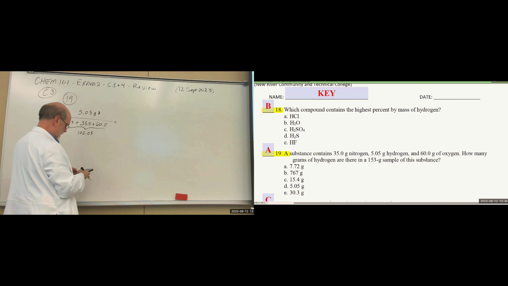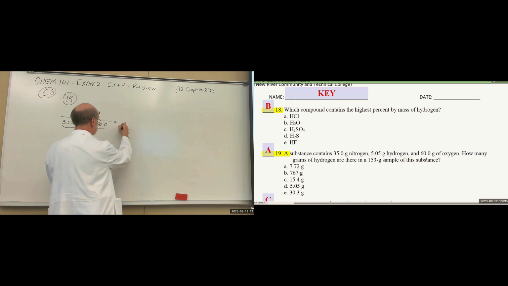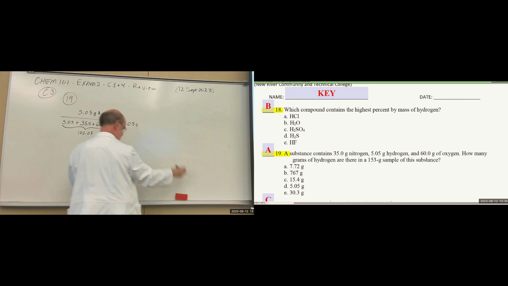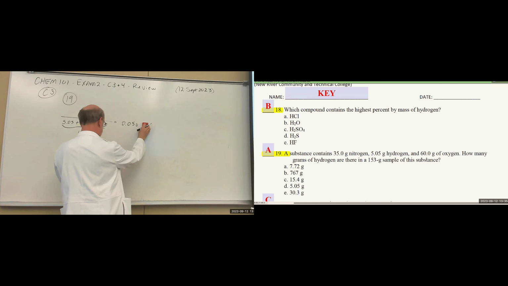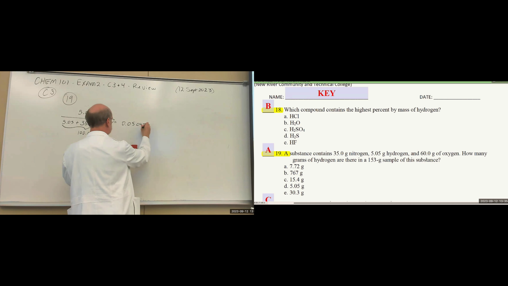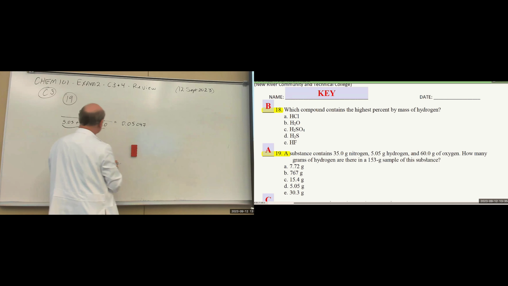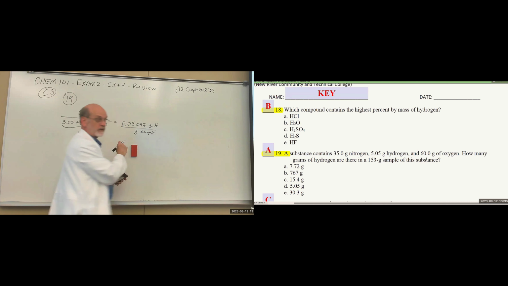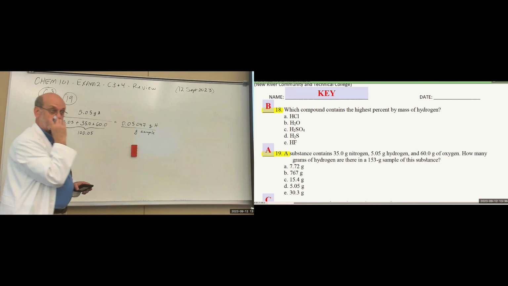Divide that into 5.05. That's 0.05. Yeah, 0.047 fraction. This is grams of hydrogen per gram of sample, because we didn't multiply by 100.